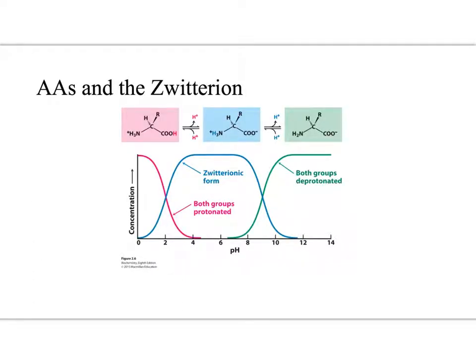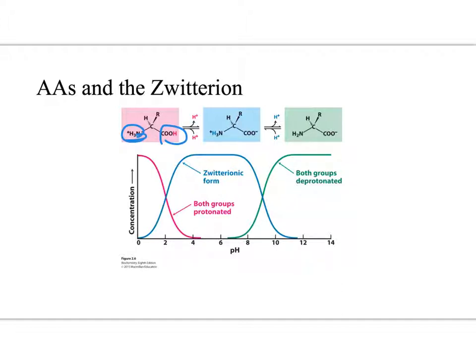When looking at our amino acids in terms of their acid and base properties, we can think about the functional groups that are present here on these structures. Now, we do have two functional groups within the amino acid structure, at least two, this amino group and this carboxylic acid group, which can either have a proton present or have a proton removed from them. And where that proton is removed is based on the pKa value.